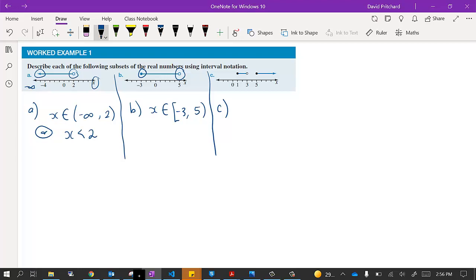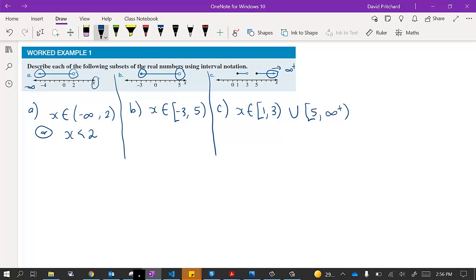The first one is between 1 and 3, so x is an element inclusive of 1 to 3, but not including. Or, so that's our set notation again. It's a union. Lower limit is 5, and because we've got that arrow going off forever, we're looking at positive infinity. And we can't be equal to that.